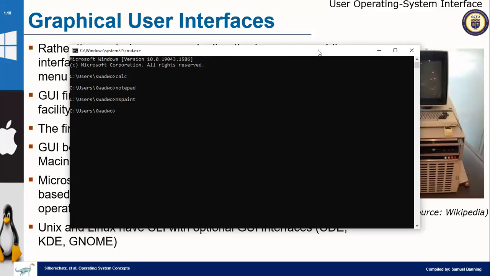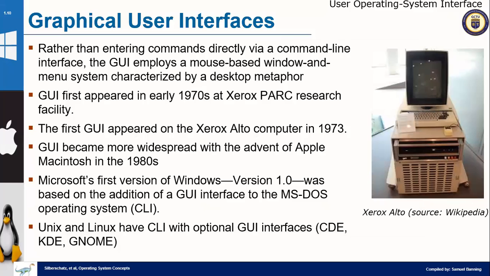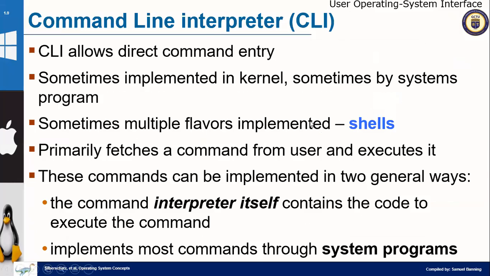Okay, so I'm going to reverse the screen sharing to show the slide, and we will continue from there. I'm going to take it back to my PowerPoint show, and here we go. Let's go back to our notes. It says that the CLI, the command line interpreter, allows you to directly enter a command.